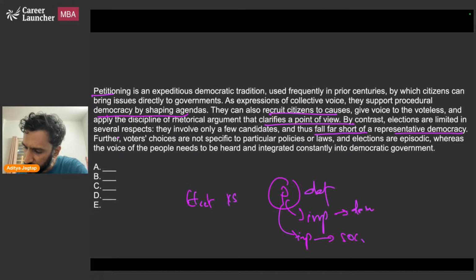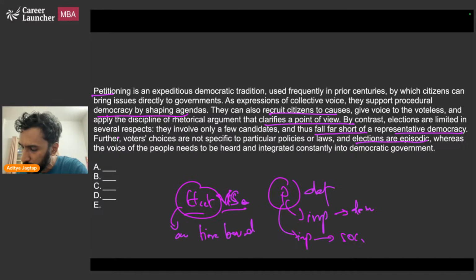We are told in the end that elections are episodic. So, versus petitioning, elections are time bound, whereas petitions are expeditious.